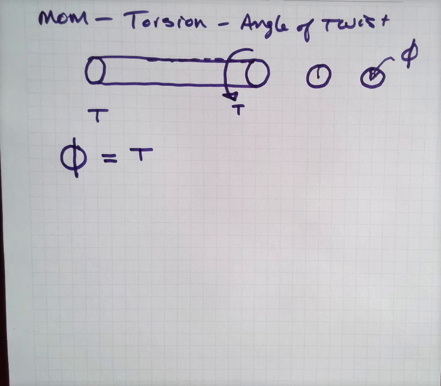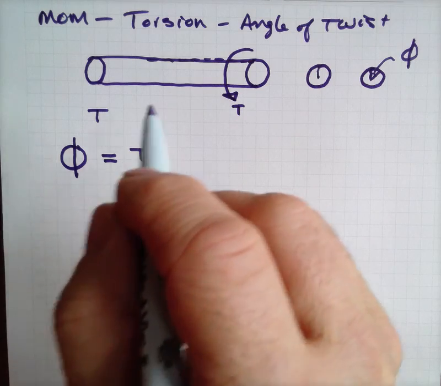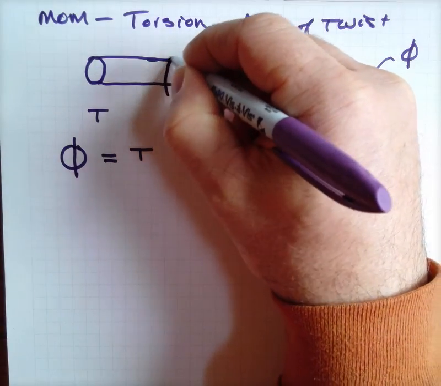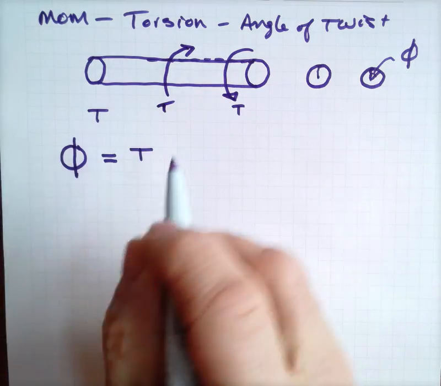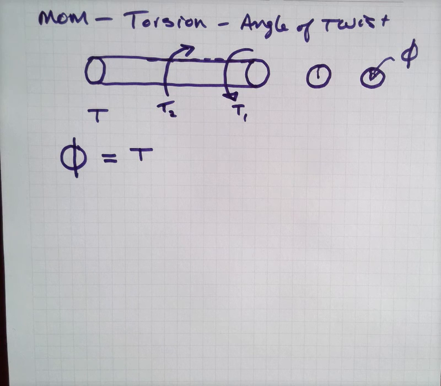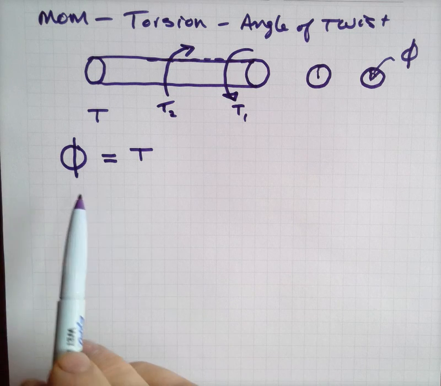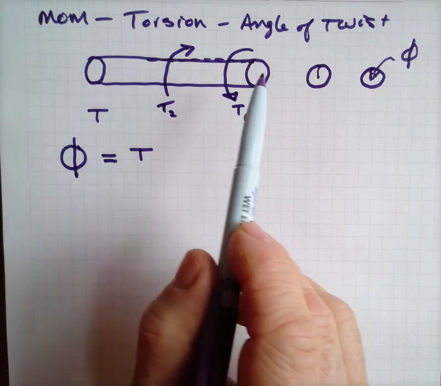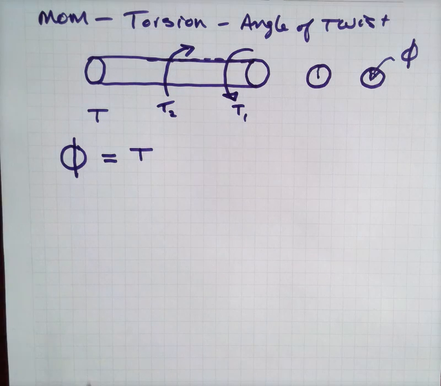Now, this equation we're making is for lengths of a shaft where the torque is constant. And we've seen examples early in the homework where the external torques cause there to be different internal torques. And when that happens, you have to add up the angle of twist for each section where there's a different torque.